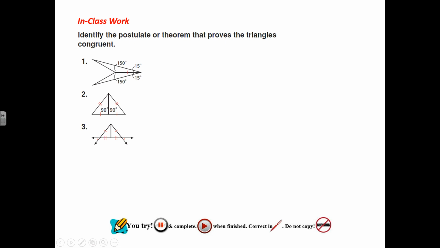Alrighty. These 3 you're going to do on your own. What are the shortcuts? Pause the video, do your work, get your red pen and check. Pause. Welcome back. Let's check your work. That one's angle, side, angle, or the hamburger, if you will. With HL, why?